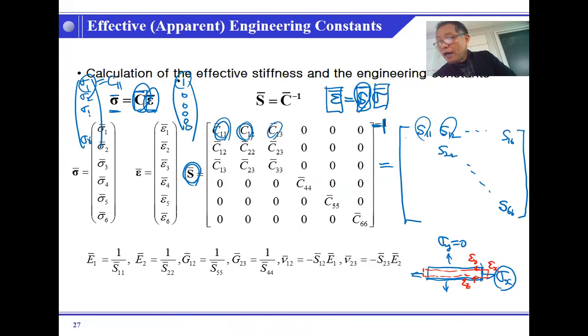But imagine how we apply this type of strain. Only one strain, and the other strains have to be 0. Is it possible to make the strains 0? Extremely difficult, right? We have to hold them, not to contract.